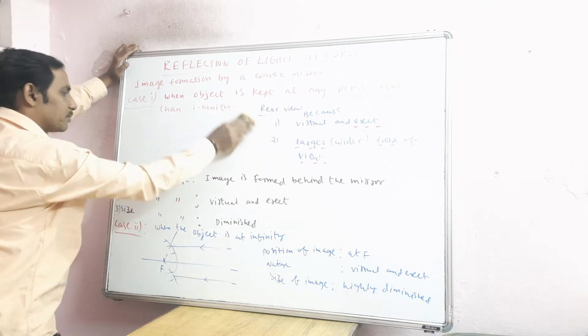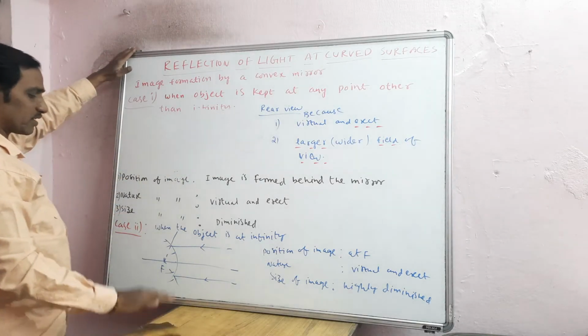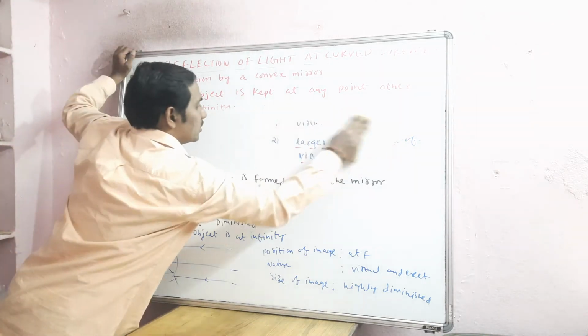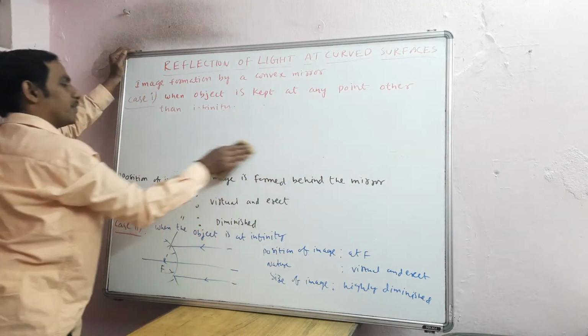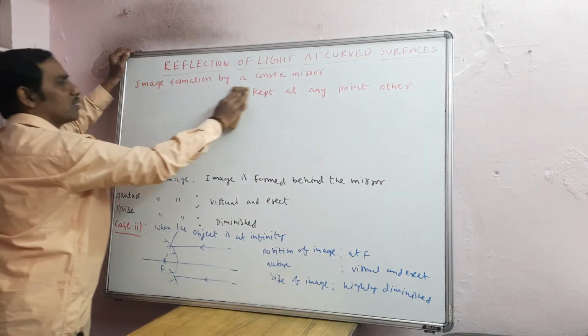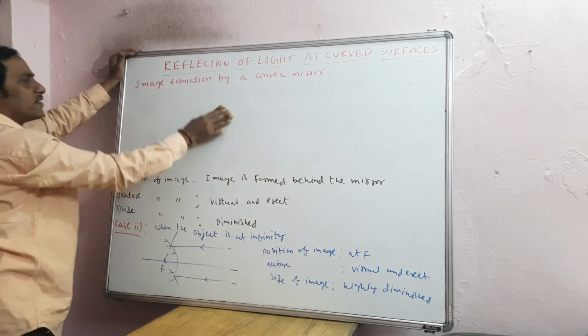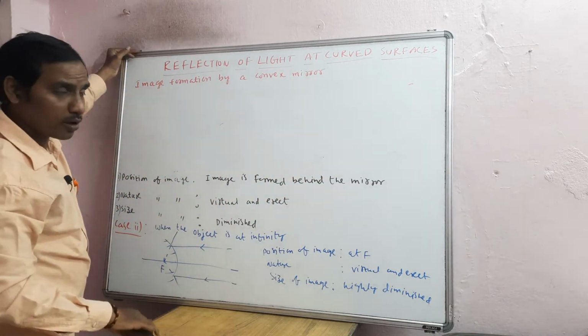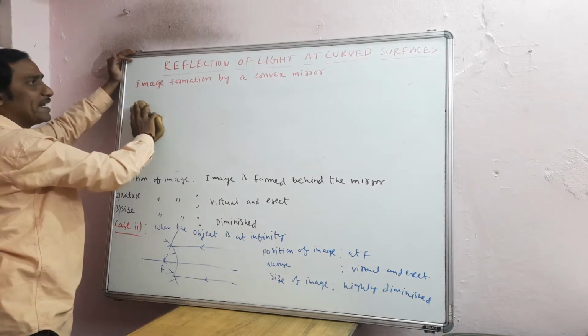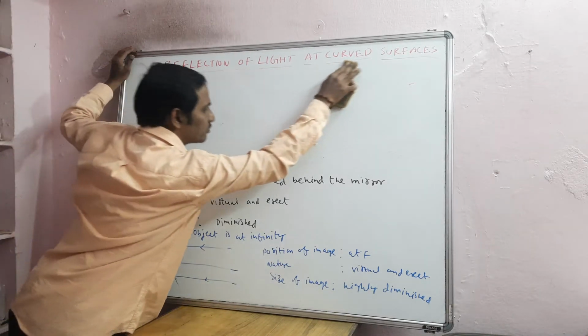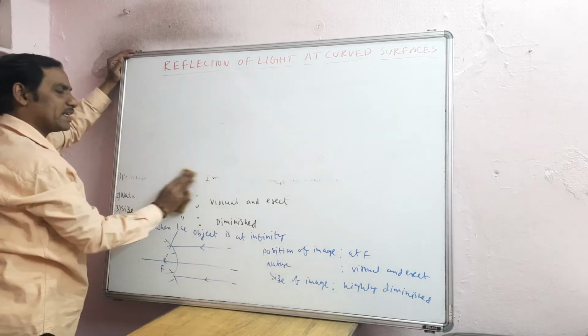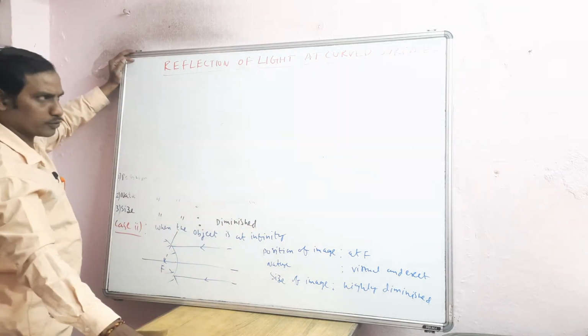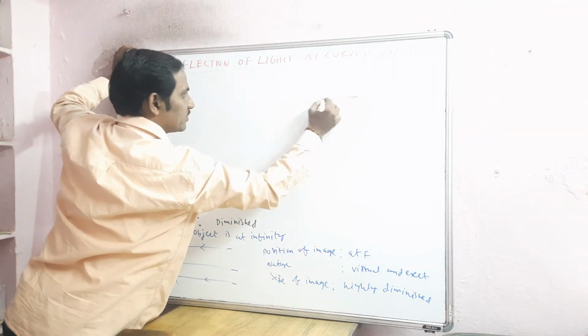And generally, if you are taking the object on the right side, based on sign convention you will get u value negative, because distance measured opposite to the direction of the light ray should be taken negative. Light ray will be coming from right to left like this.